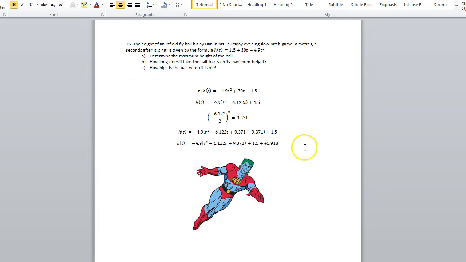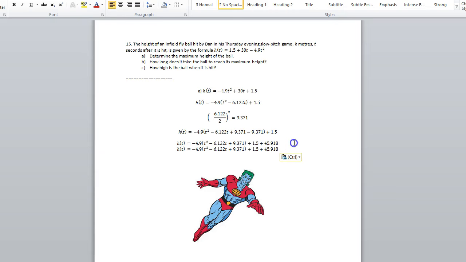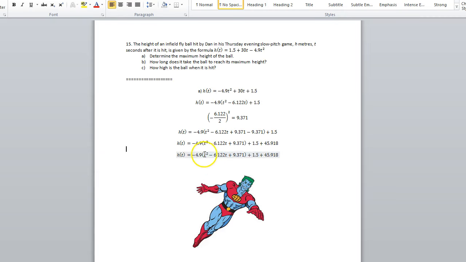The next step is the bracket becomes the square root of that third term, which we actually discovered earlier, 3.06. So this becomes t minus 3.06 squared, and then 1.5 plus 45.918 equals 47.418.